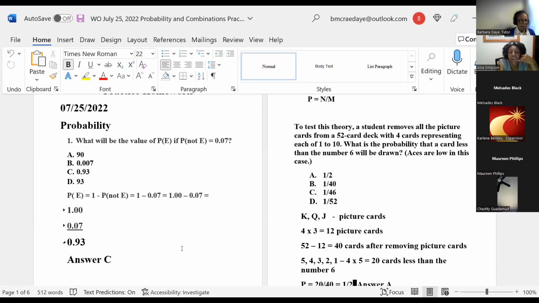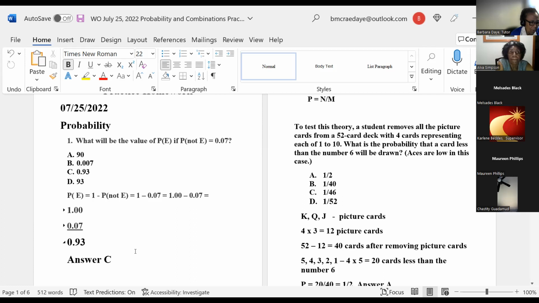Okay. A deck of cards. There are 52 cards. How many aces are in a deck? Aces. That's 4. You have 4, right? Yes.